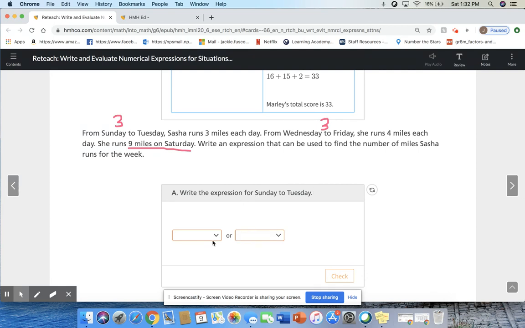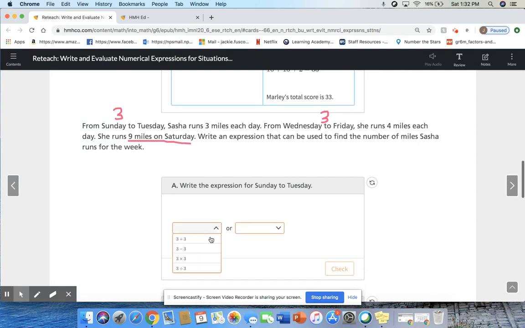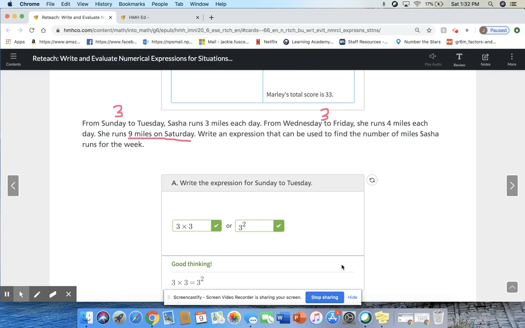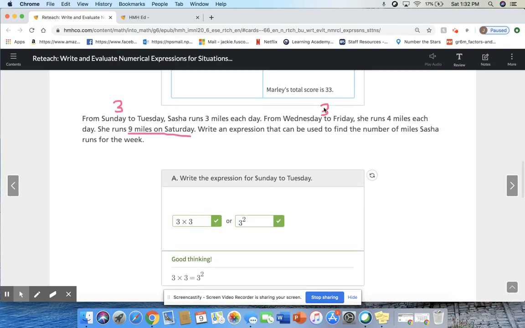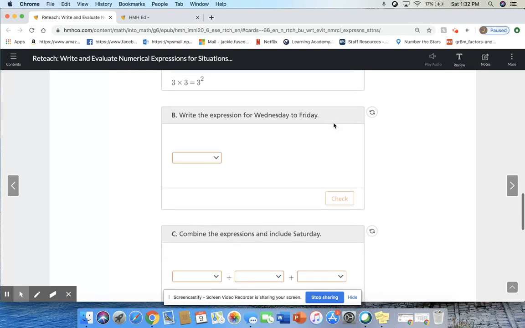So Sunday to Tuesday is how many days? 3 days and 3 miles each. So I should multiply 3 times 3, which is the same thing as 3 two times. Awesome. Now let's write an expression for Wednesday to Friday. Well, that was 3 days, and she's running 4 miles, 3 days, 4 miles each.